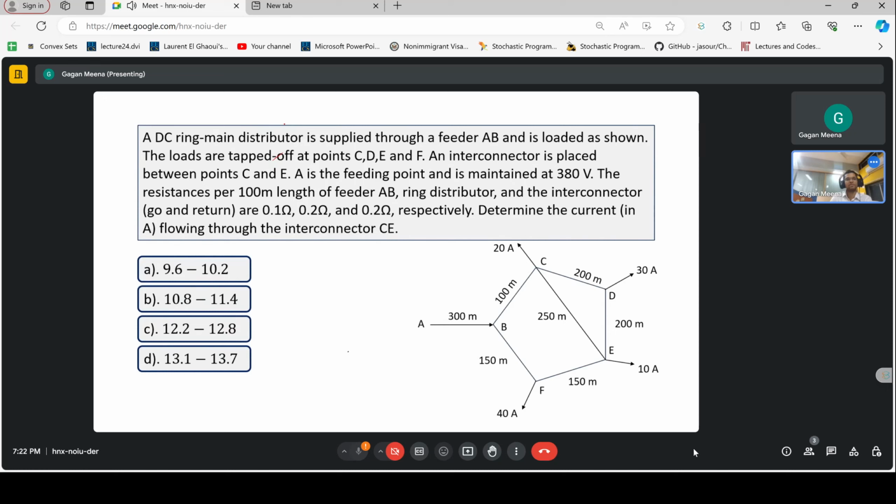Loads are tapped off at points C, D, E and F. An interconnector is placed between C and E. E is the feeding point and is maintained at 380 volts. Resistances per 100 meter length of AB, ring distributor and the interconnector are given.